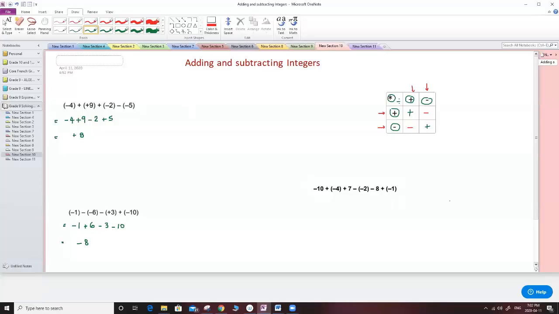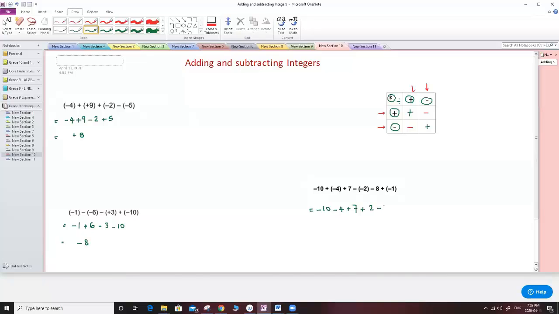In this one, on the right side, the same thing. I'm going to see that the negative 10 is by itself, so I will leave it as negative 10. Positive and negative, they are different signs. That means negative 4. Positive 7, I leave it as it is. It's not a double sign. Negative and negative, since they are the same, it's going to give me positive 2.